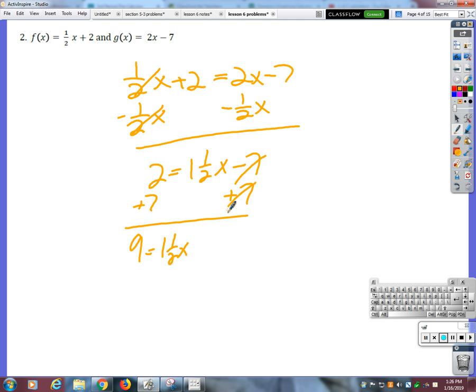So if 9 equals 1.5x, then x must equal 6. Okay? So then to figure out what y is, right? Pretty nifty, huh? Kind of, yeah.